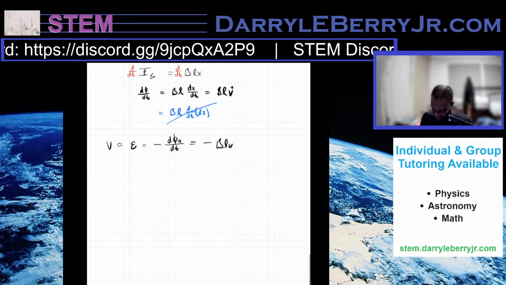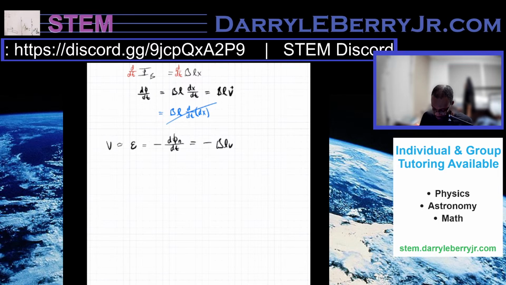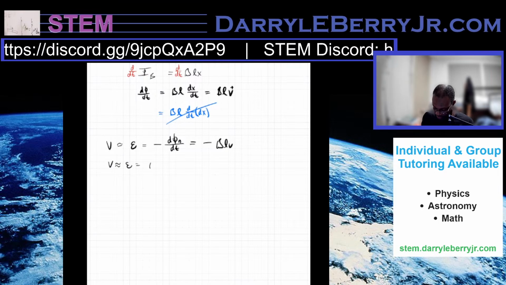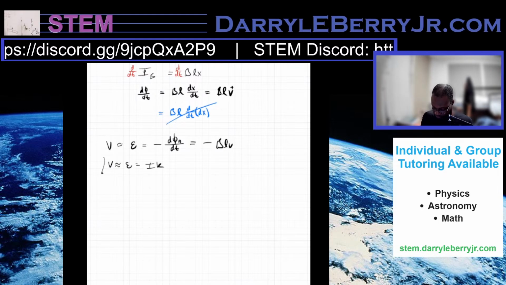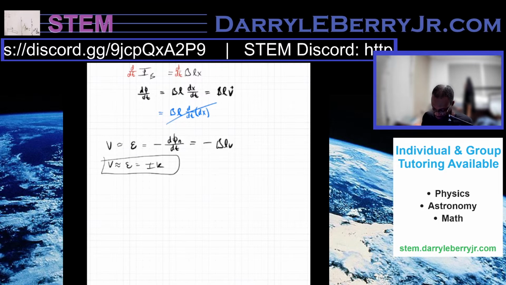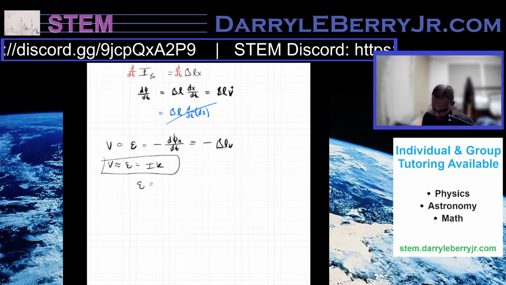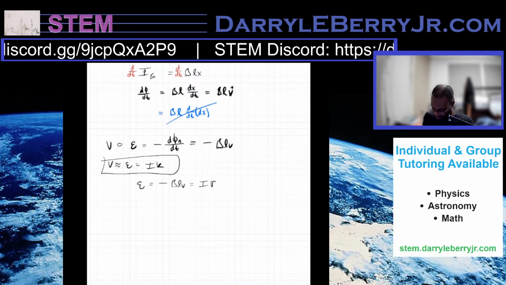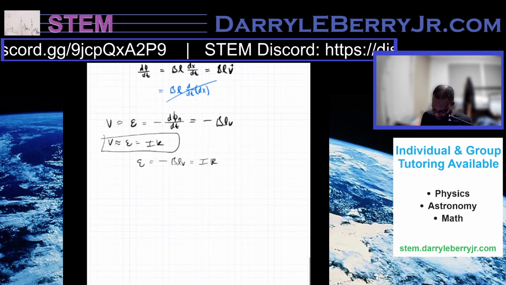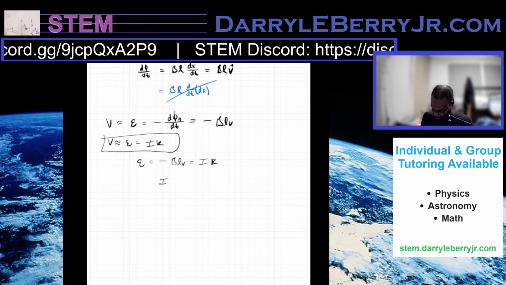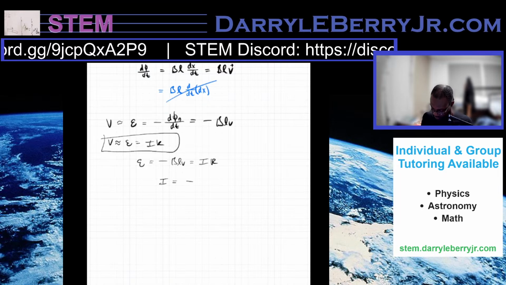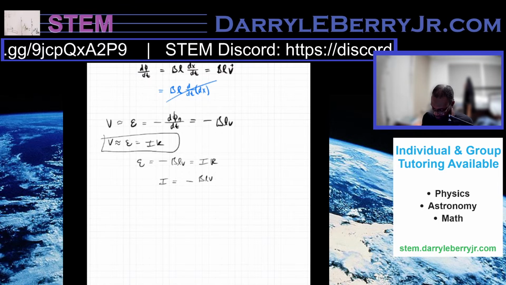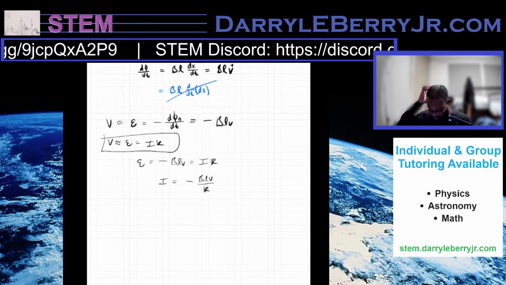And we also know that the electromotive force, or the voltage, is the current times resistance. So that means E equals negative BLV equals IR. So the current going through this bar is negative BLV over R.